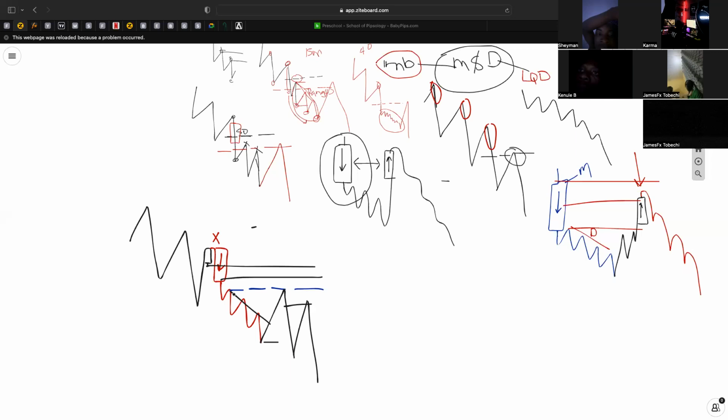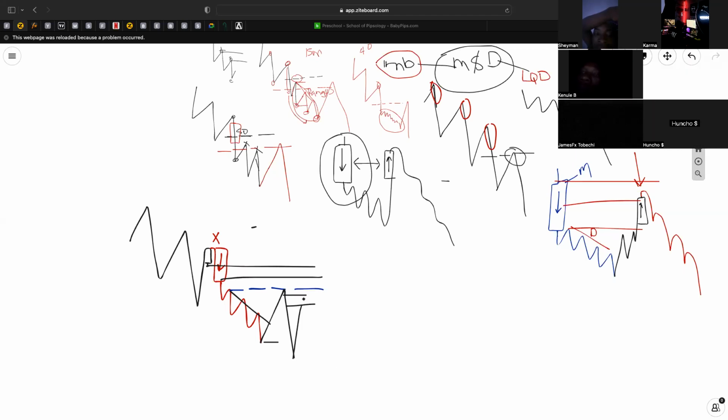The market will just sell a little bit, stop you out, then dump. So this is an incomplete pullback, even though it filled 50%.